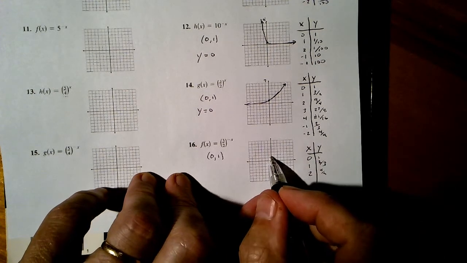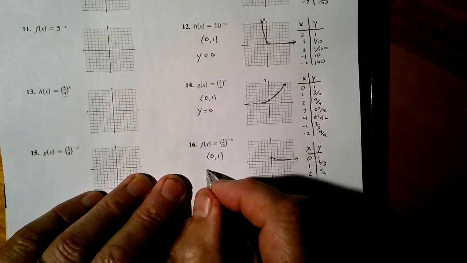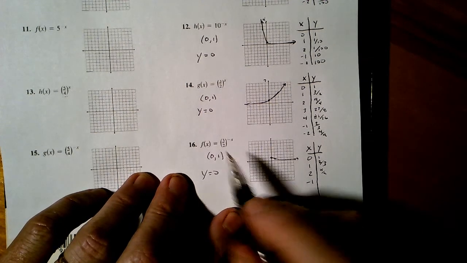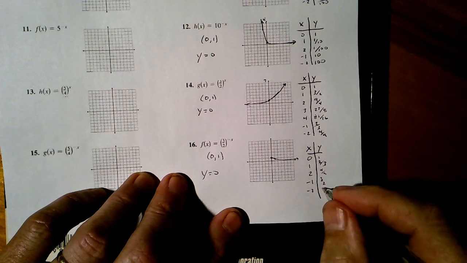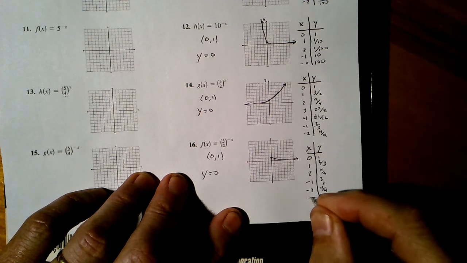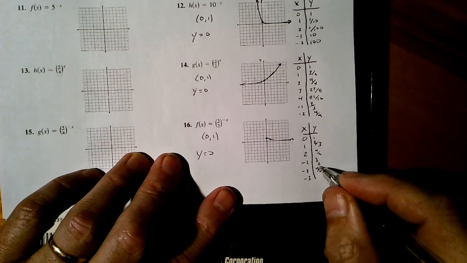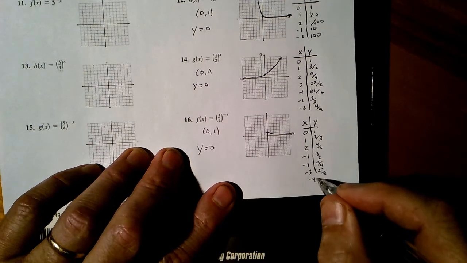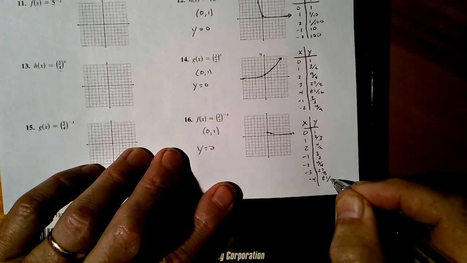And pretty clear what's happening over here, sucked into the asymptote y equals 0. Put in negative 1, and we get 3/2 to the first. Put in negative 2, 3/2 to the second, 9/4. Put in negative 3, 3/2 to the third, so times another 3/2, 27/8. Negative 4, times another 3/2, 81/16.